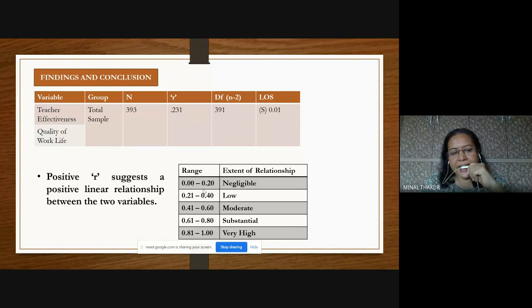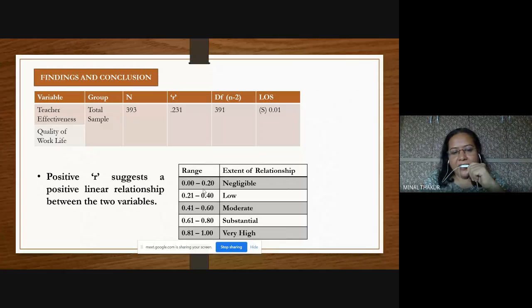Now how did I interpret this positive linear relationship? If you see this range, it is from 0.00 to 1, and these values are positive. You also have negative values which will show an inverse relation. The first range, 0.01 to 0.20, shows a negligible relationship.